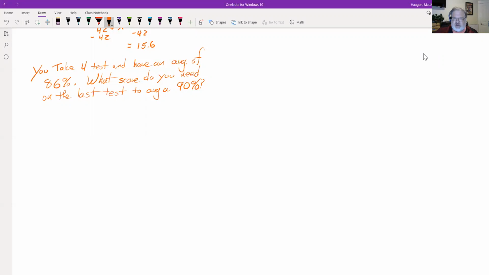Now your text is going to be fairly nice to you and say mean when it means mean and median when it means median. But once you leave this class and you're talking about average in other contexts, oftentimes people won't be specific. And you'll have to pull from the context of the question which type of average they are talking about. So that's something to look forward to.